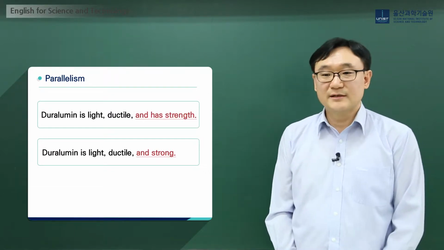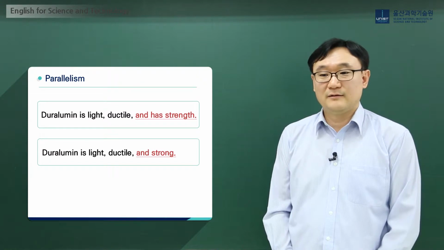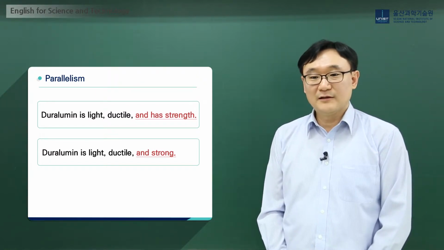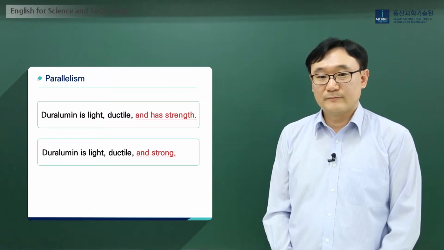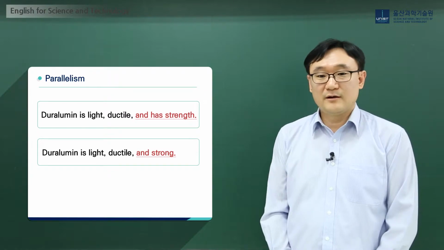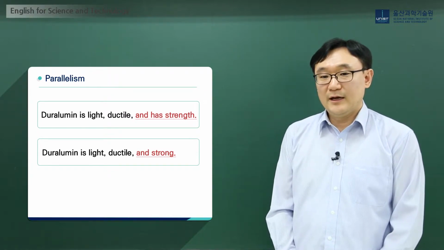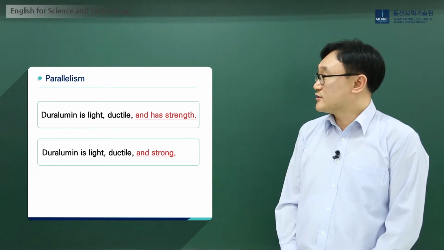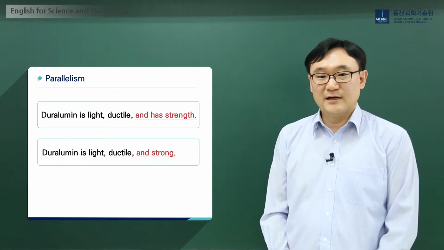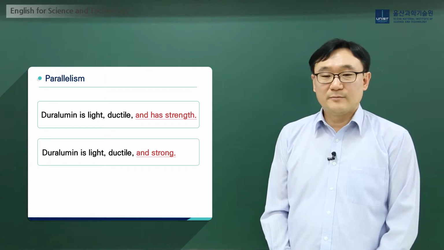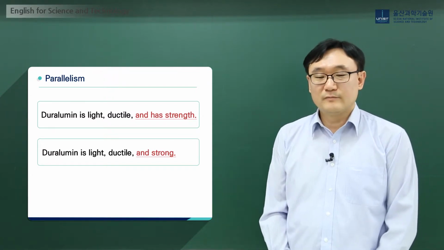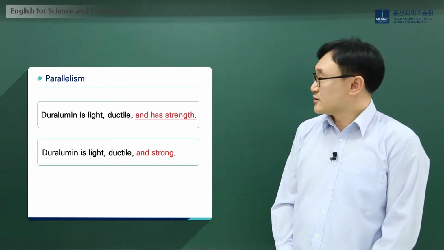These two sentences are grammatically okay, but in the first sentence, the parallelism is violated because we have light, ductile, they're adjectives, and after these two adjectives, we have has strength. Strength is a noun. So the better sentence would be the second sentence, all with adjectives.